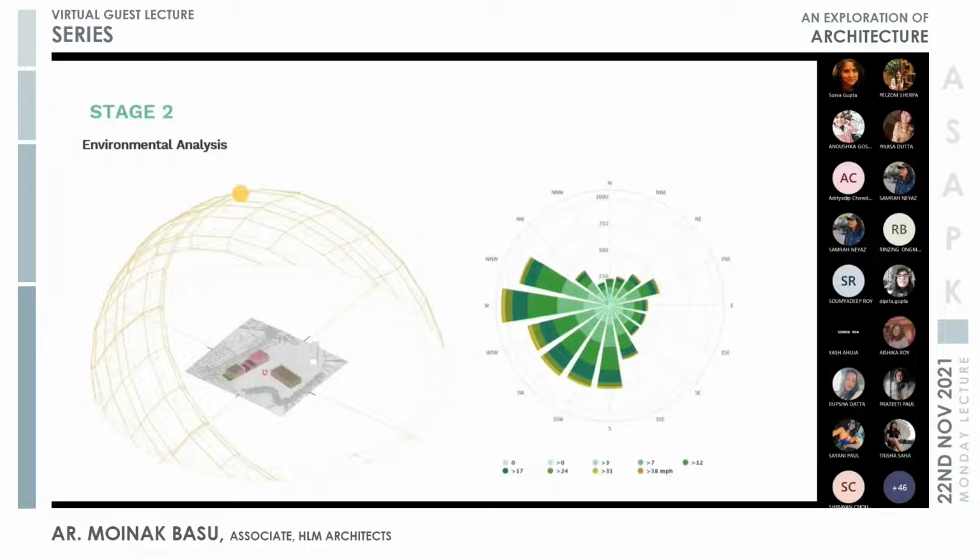So the orientation of the building itself plays a big impact on the operational energy performance of the building, where the windows are, where the sun's heat's coming from, etc., where the wind's coming from. So all these environmental factors actually affect how the building's consuming energy.